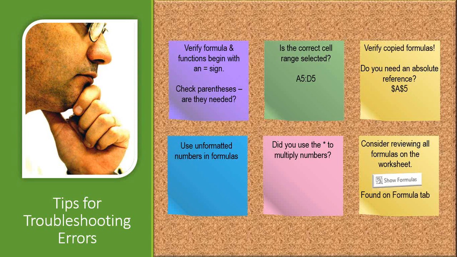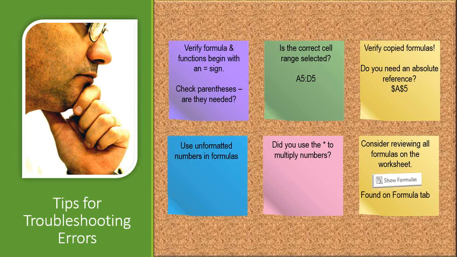Be careful when you're formatting your spreadsheet. So we like our bold and underline on specific numbers, but if you're going to use them in a formula, it may not be recognized well. So what I recommend is do all your formatting after you get your spreadsheet just the way that you want it. So use unformatted numbers and formulas.